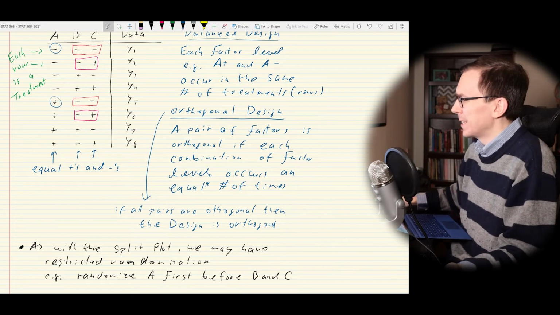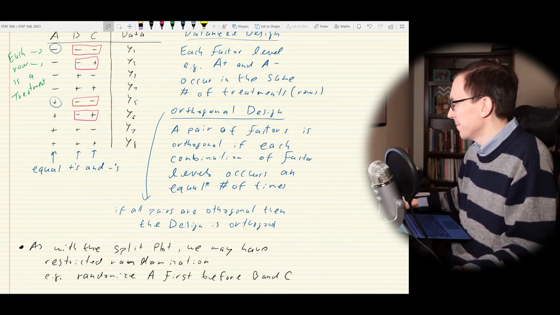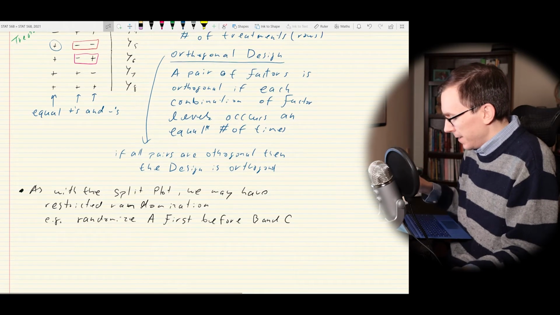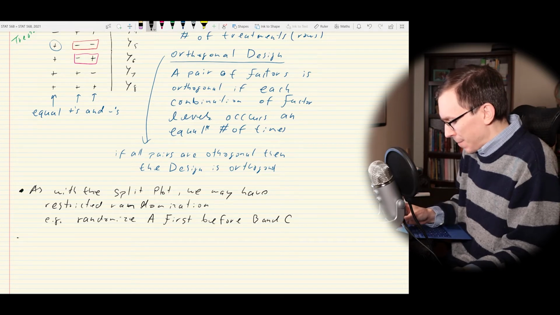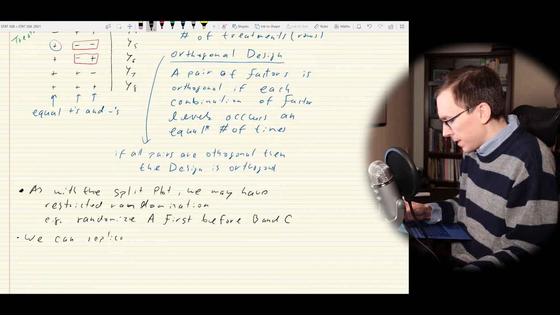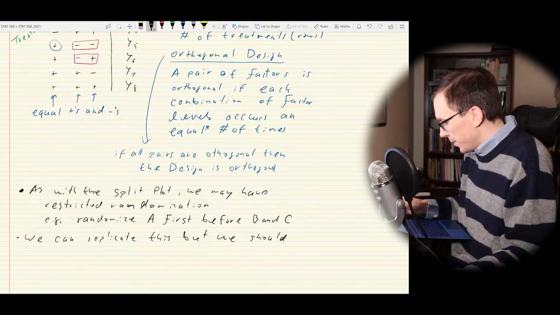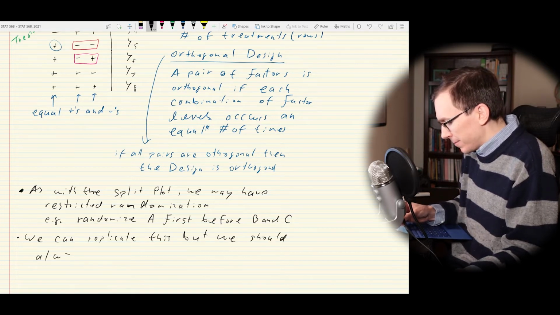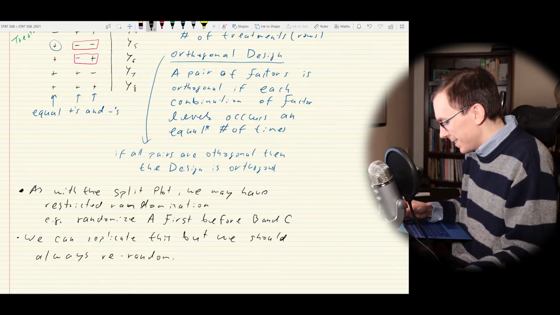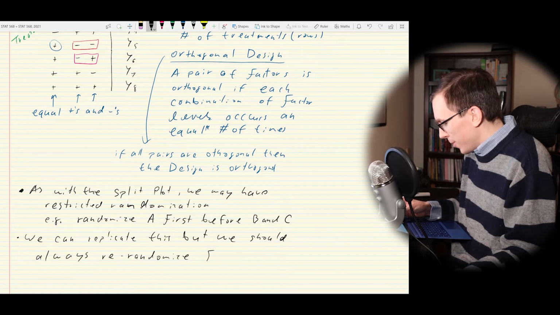It's really just like what we did with the split plot. And the other thing is that we can replicate this. But we should always re-randomize for each replication.